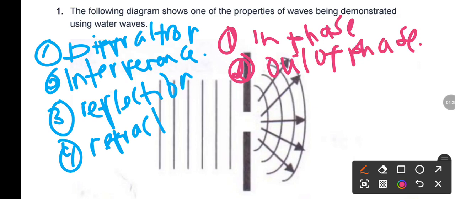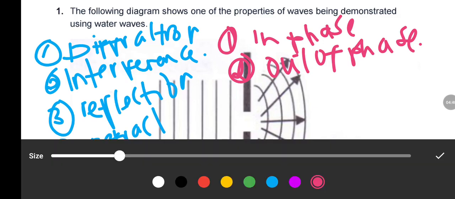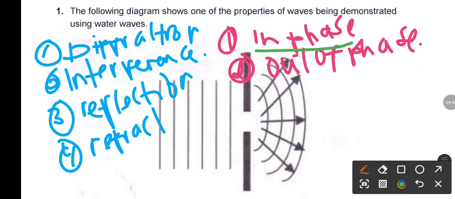This as well would give rise to 2 types of interference, which we are calling constructive interference and destructive interference. Constructive interference would occur when 2 waves meet in phase. So when 2 waves meet in phase, as a result, the amplitude of the resultant wave would increase during constructive interference.